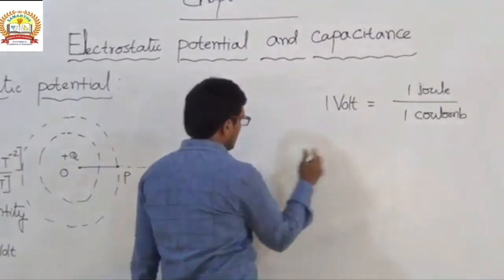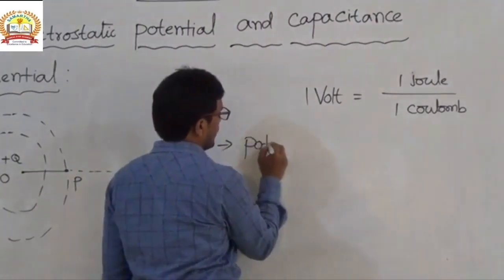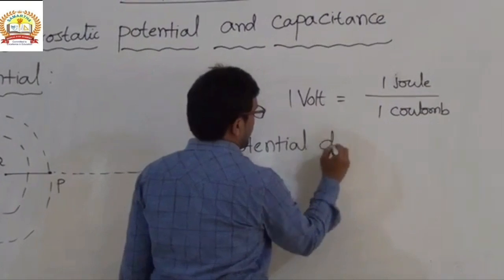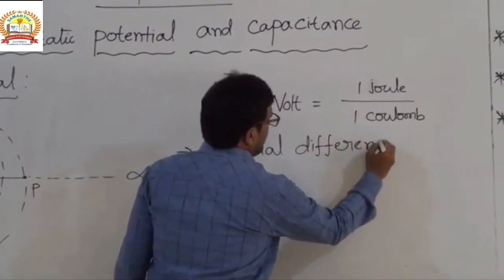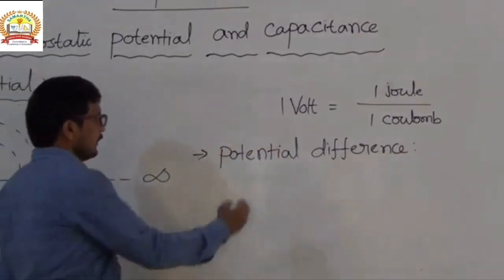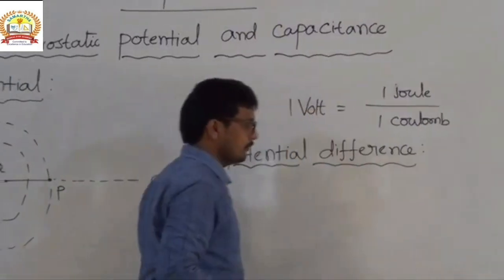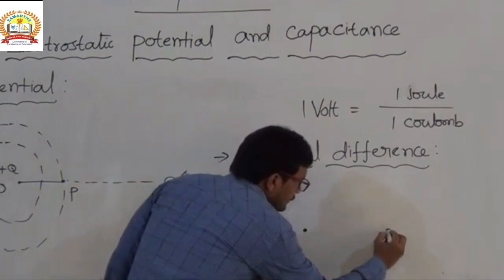We know potential, then potential difference is the amount of work required to bring the charge from one point to another point.